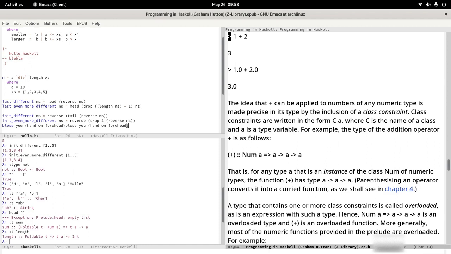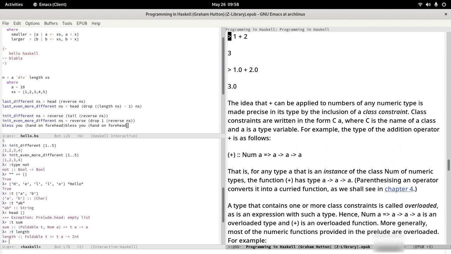For example, the type of the addition operator plus is as follows. Plus is of type a -> a -> a, where a is of the class Num. That is, for any type a that is an instance of the class Num of numeric types, the function plus has type a -> a -> a.